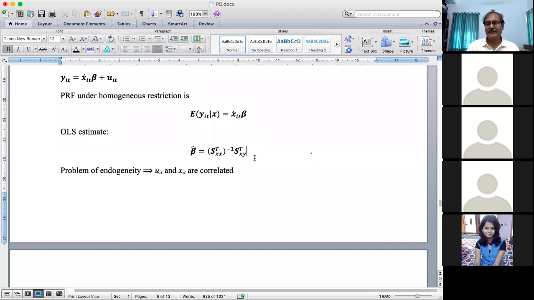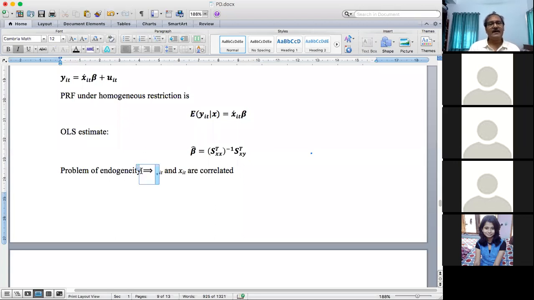Now, the basic problem in any linear regression model, whether we use cross-section or time series, is the problem of endogeneity, and this is a serious problem we have to face in our real life data. When we are using real data in estimating a model, this kind of problem may appear in most of the cases. What is the problem of endogeneity?